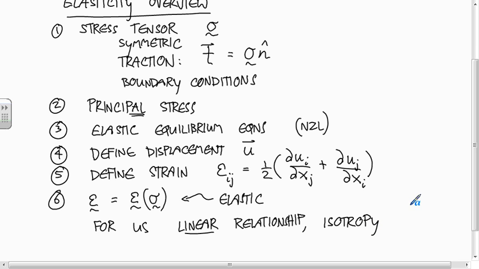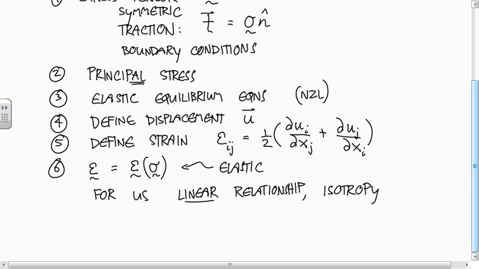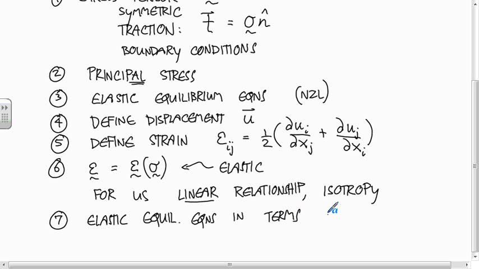I'm almost done with this list. Then number 7, I'm going to give the elastic equilibrium equations in terms of the displacement vector.